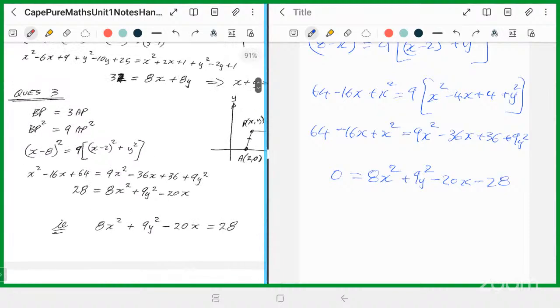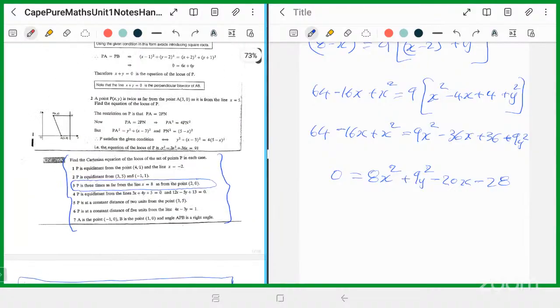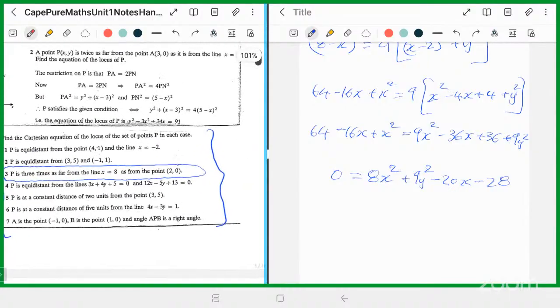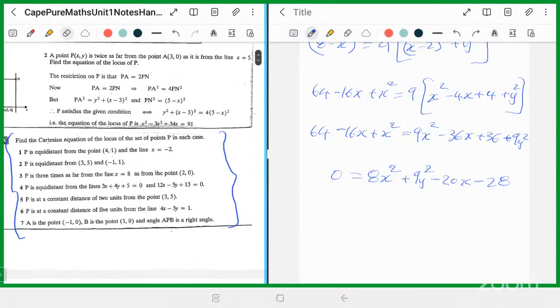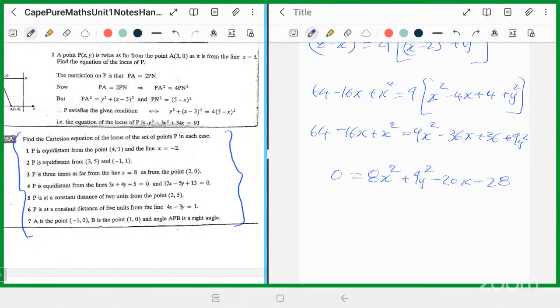Alright. Let's look at another one now. Next one I have is this. The point is equidistant from this line and from that line. So we're going to use the distance from a line formula now.